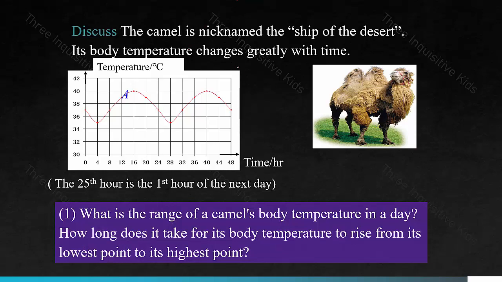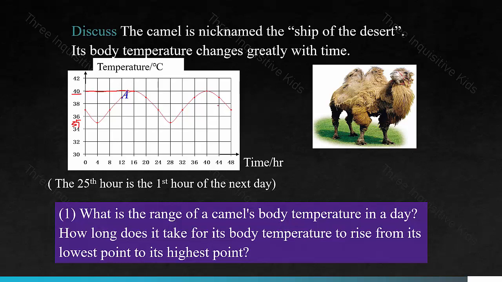So in order to find the range of a camel's body temperature, you first have to find the highest body temperature. As you can see, in this case, it would be 40. And then its lowest body temperature would be 35. That's right in between 36 and 34.